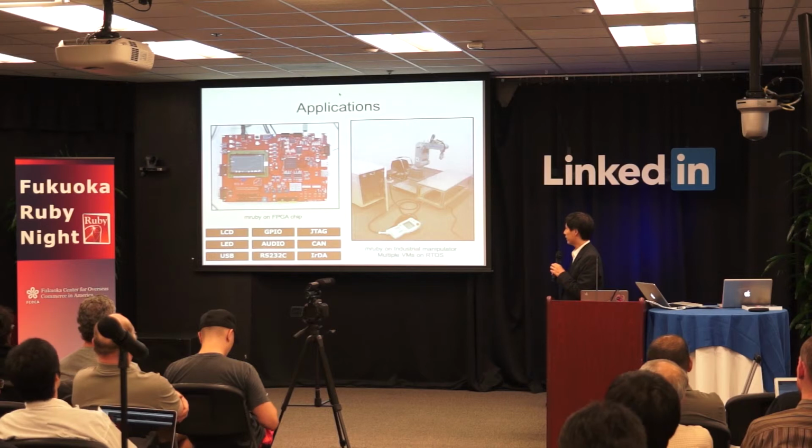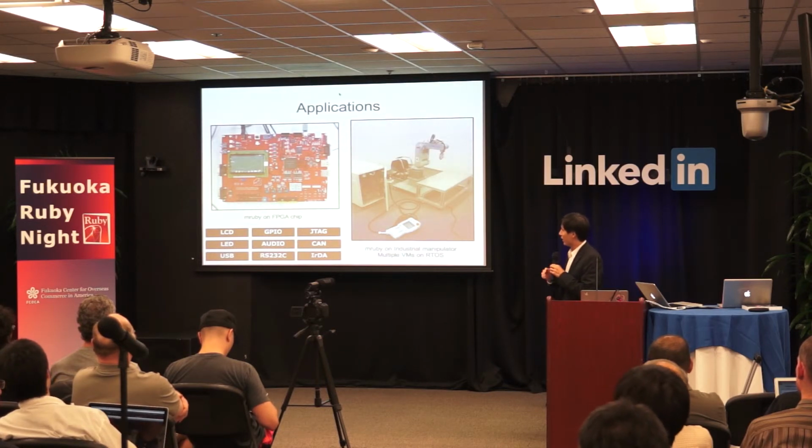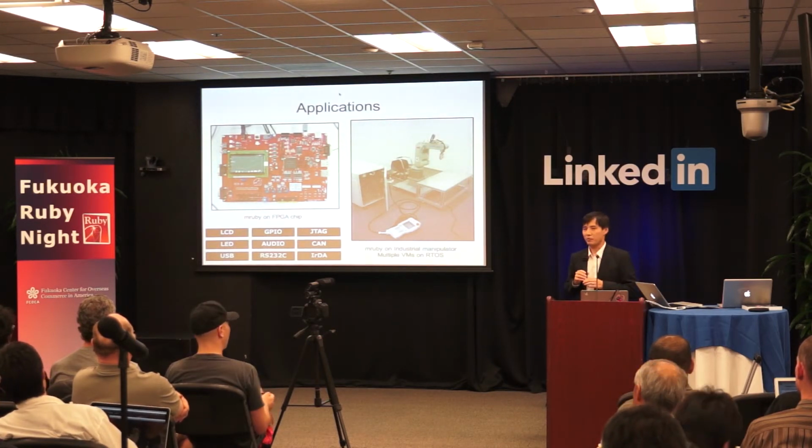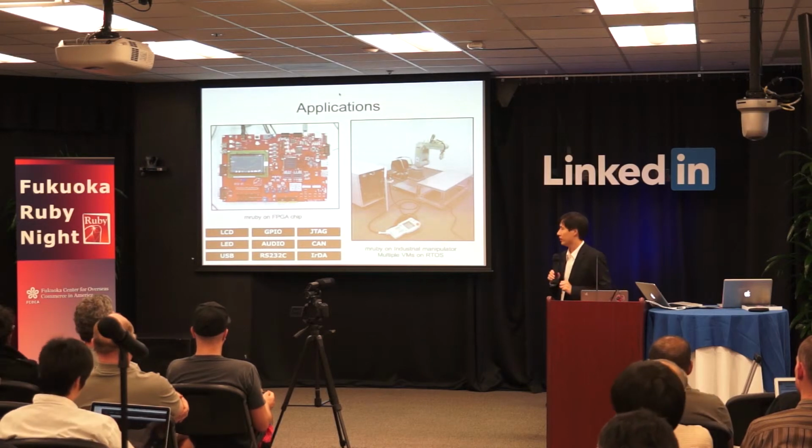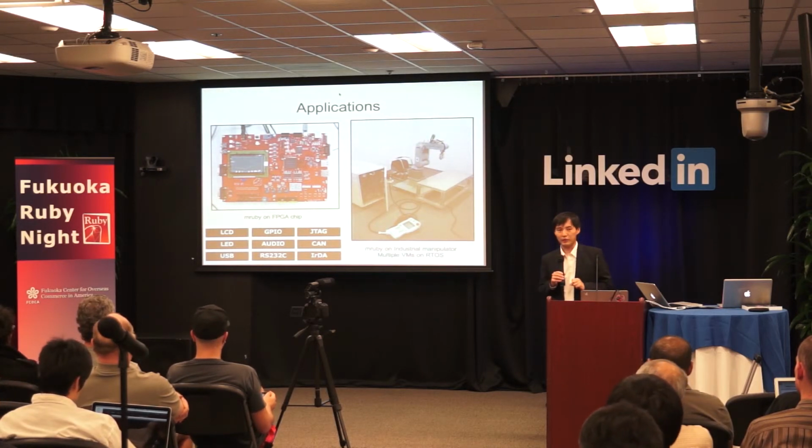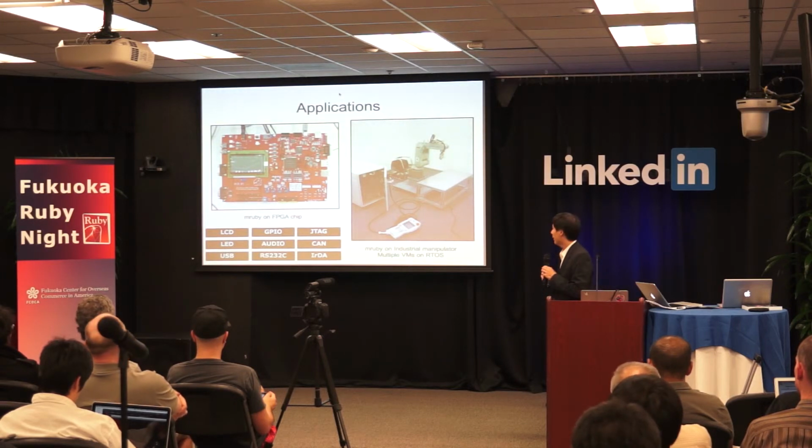Here are our applications. On the left side is our minimum application of mruby: mruby on an FPGA chip, one chip with a Ruby virtual machine. The right side is a heavier area, an industrial manipulator.